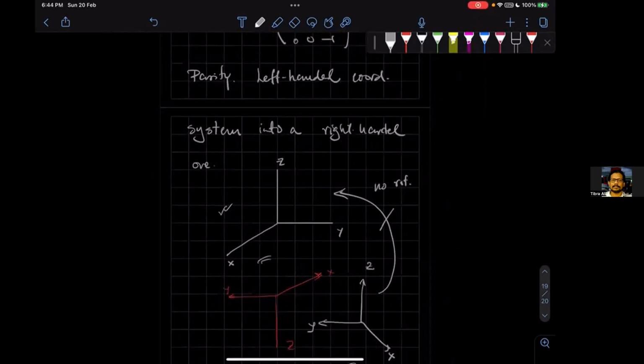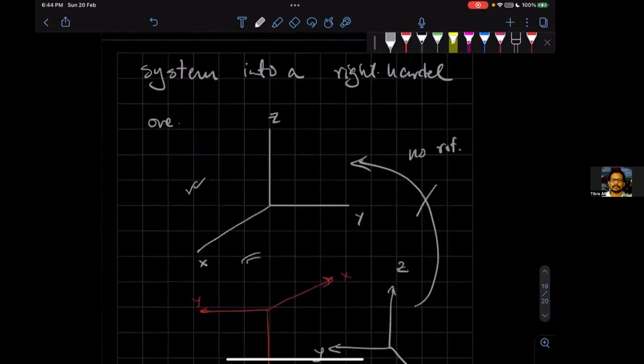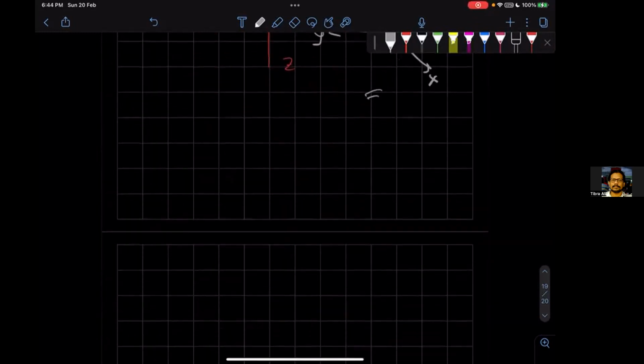And such elements of O3 are discrete transformations. They cannot be written as rotations. Okay, that's comment number 2. I want to discuss this in more detail down the line, but if you have any questions, I can entertain them.